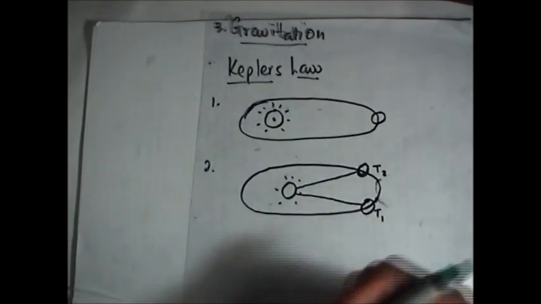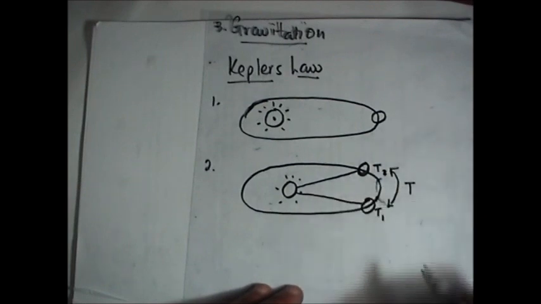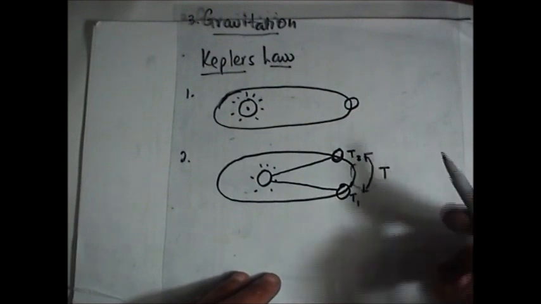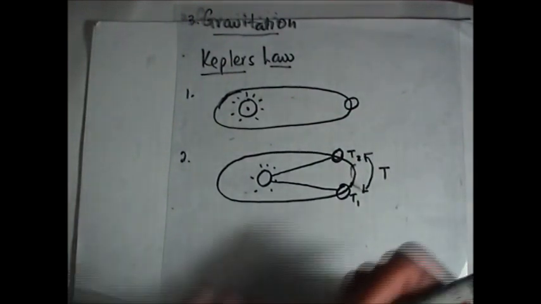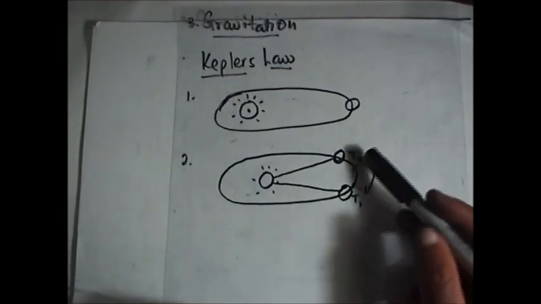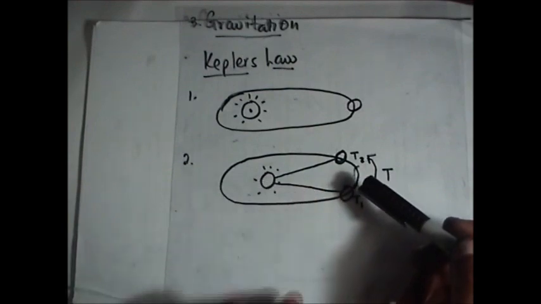So the second point is, imagine this time period is equal to t, for it to move from this point to that point, which may be 30 days, or whatever. But this law is saying in equal times, this line joining the sun and the Earth sweeps out equal areas.